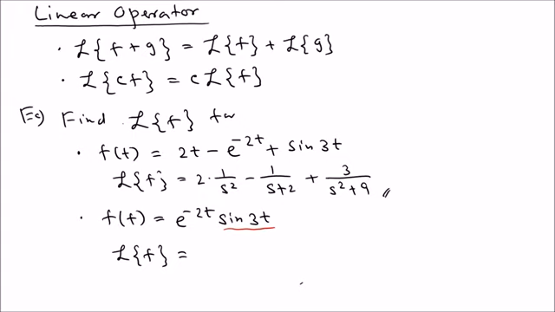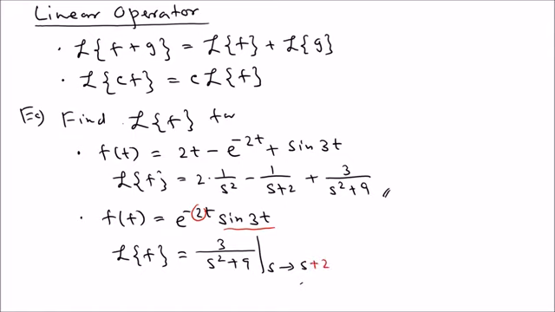It is 3 over s squared plus 9. And then we're going to shift s, because we have that number, so that means plus 2.